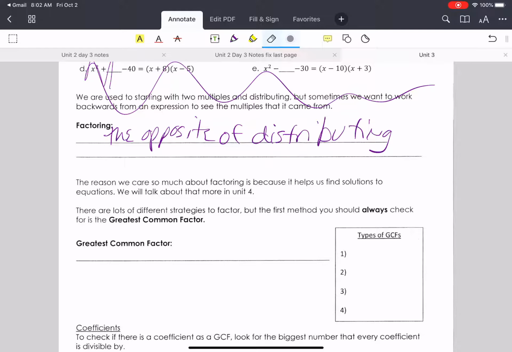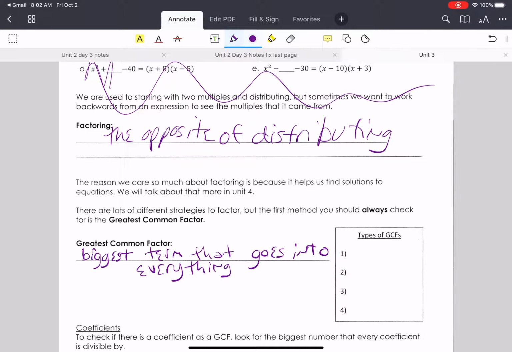So anyone else want to take a guess? Okay, the greatest common factor is the biggest term that goes into everything. Now that probably doesn't make any sense yet, but it will.